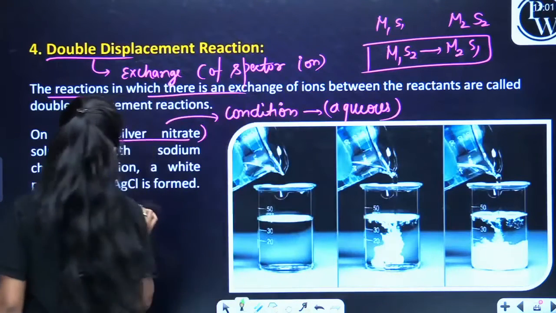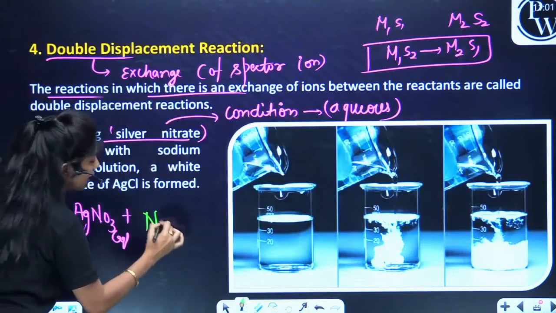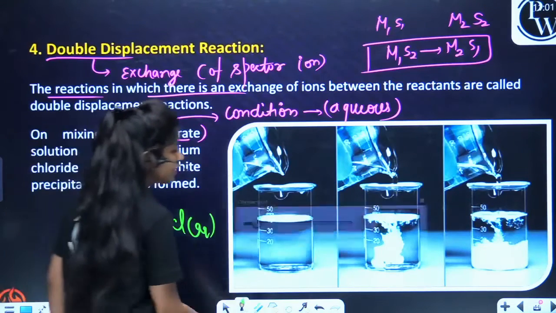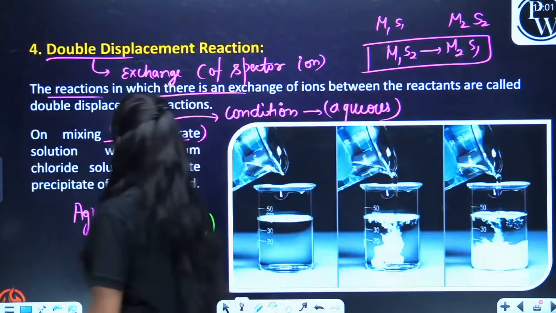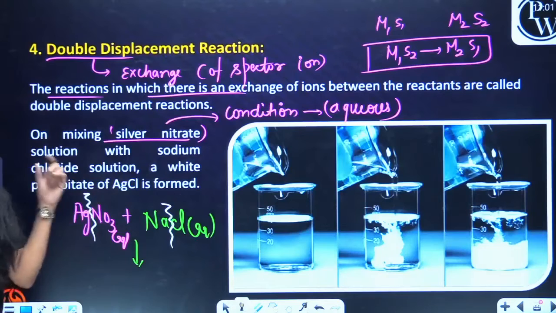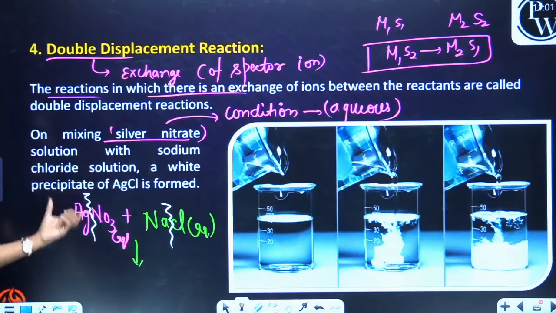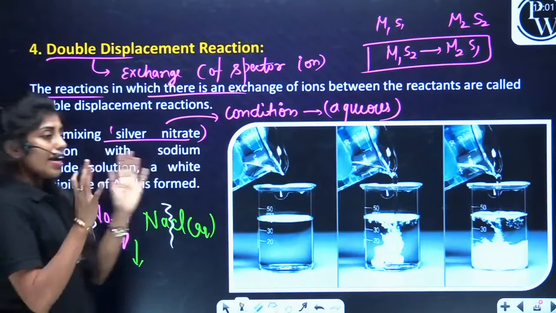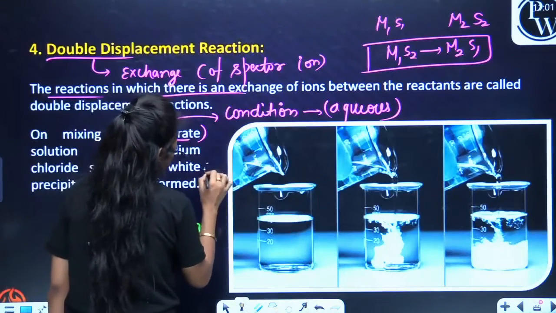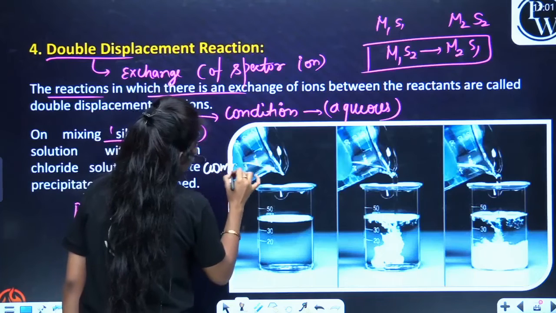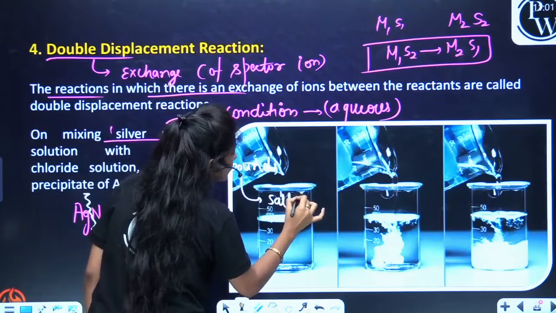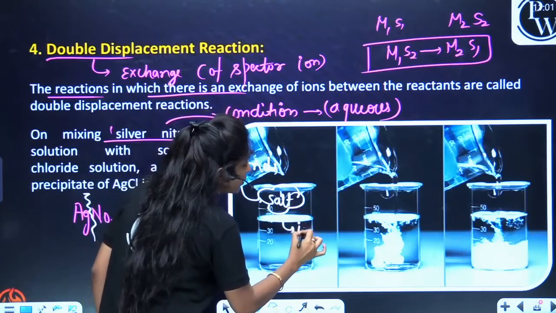Now we have sodium chloride, NaCl, aqueous. What will be the products? Let me know fast. This is a very easy way to write the double displacement reaction. When there are 2 metals, 2 ions, you can divide the aqueous solution, that is AgNO3. How will you do that? Basically all the compounds which are salts are generally ionic.